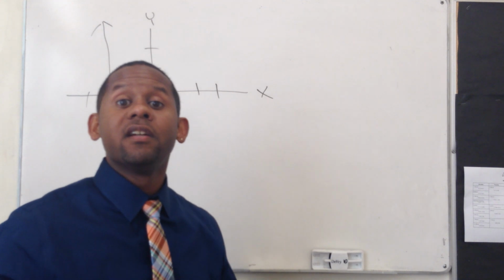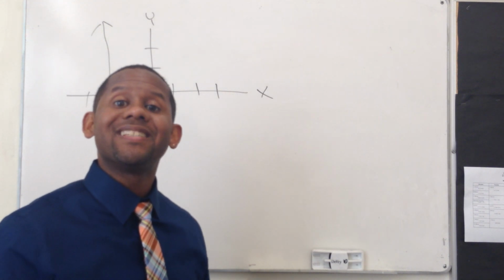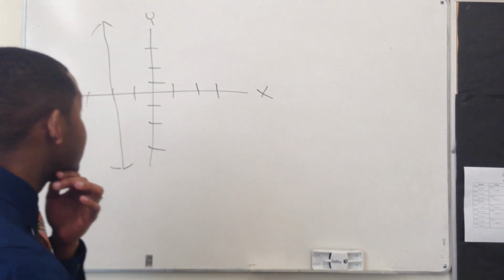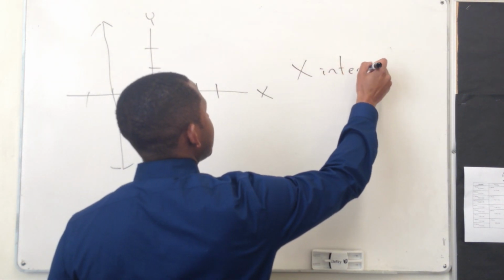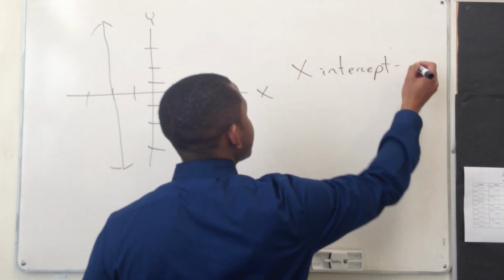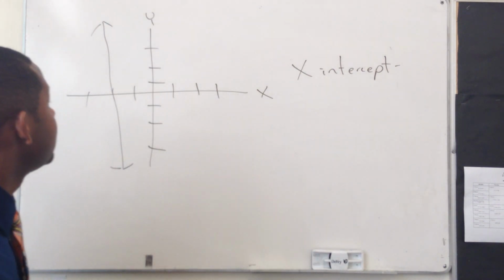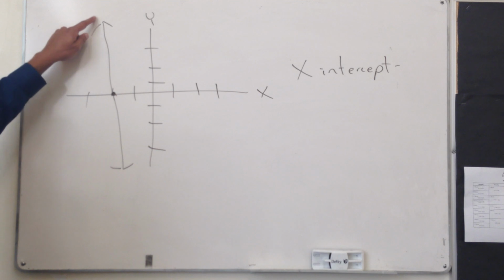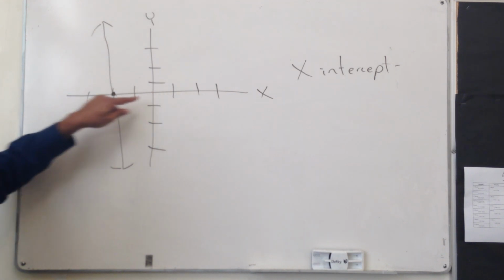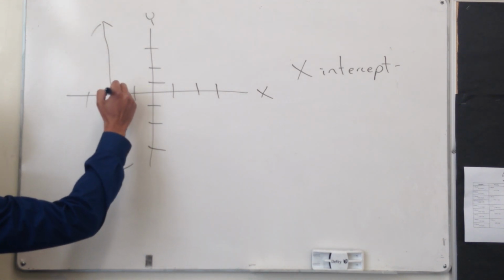So on this line, what is the x-intercept? Well, the x-intercept on this line, go ahead and put your pencil point on it. The x-intercept is right here, because here's the place where this line crosses the x-axis.